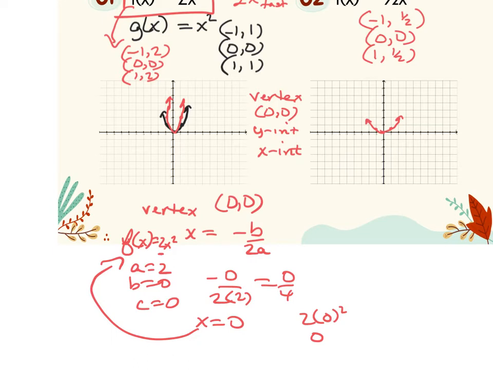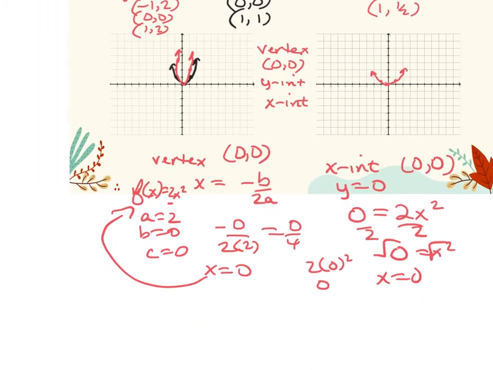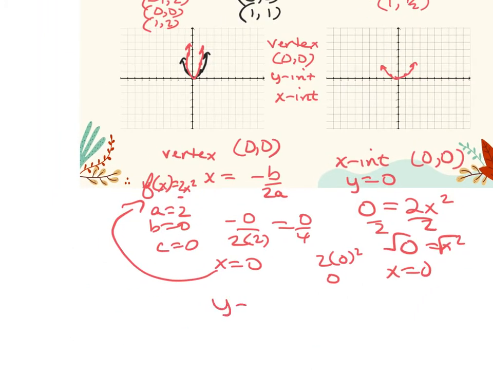If I were to find the x-intercept, I would set y equal to 0. So 0 equals 2x squared. Divide by 2: 0 equals x squared. Square root it, and x equals 0. For the y-intercept, plug in 0 for x.